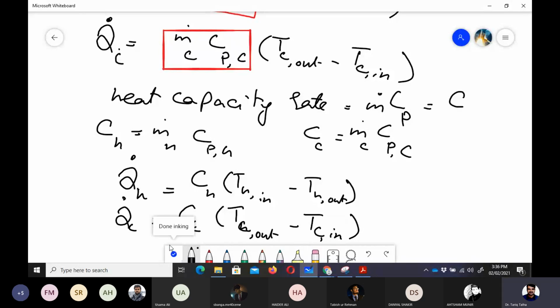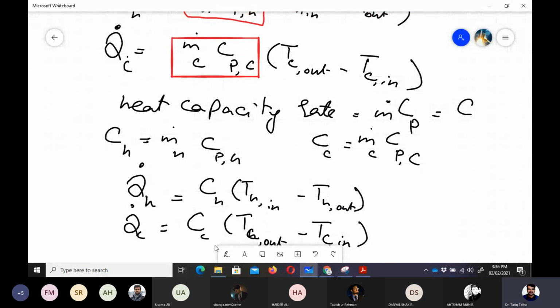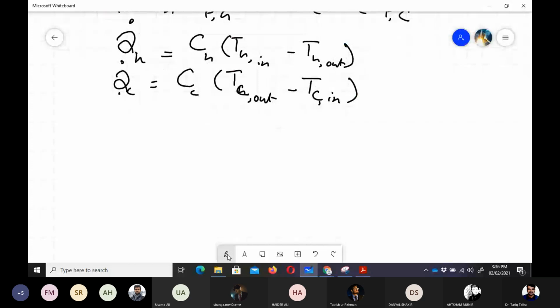Right. So now you tell me that for a given mass flow rate, let's discuss where the temperature change would be more. Okay?